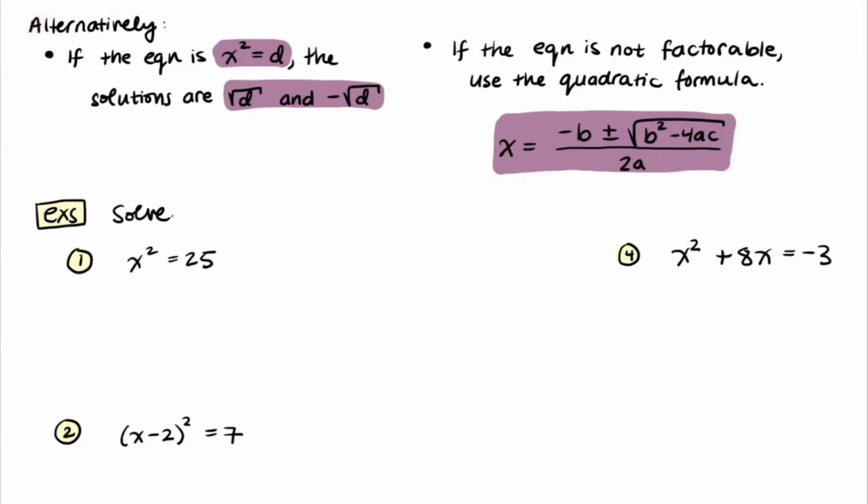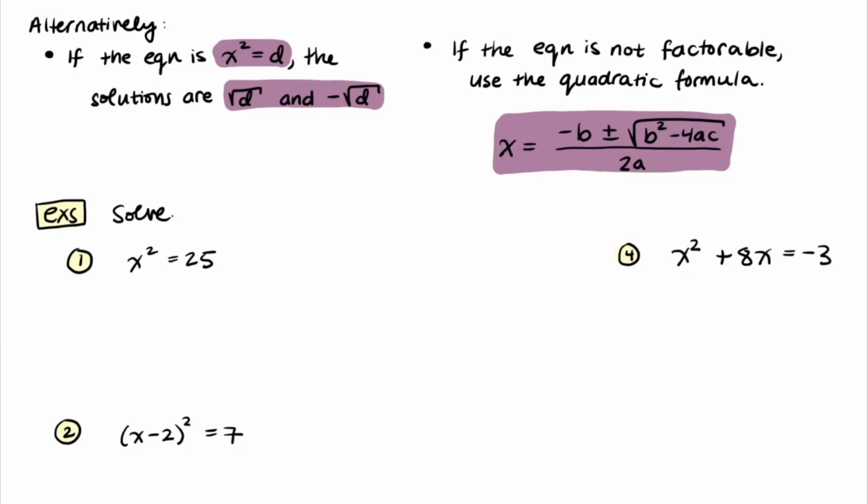So in number 1, we have x squared equals 25. To solve this, you're looking for numbers such that when you square them, or multiply them by themselves, you get 25. And of course, 5 squared is 25, but also -5 squared is 25, because negative times negative equals a positive.